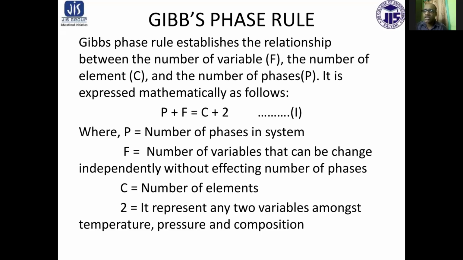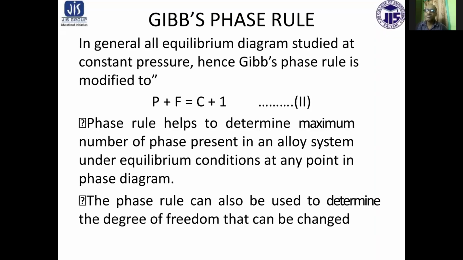At constant pressure conditions, the equation will become P plus F is equal to C plus 1. In general, all equilibrium diagrams are studied at constant pressure. So pressure remains constant, and out of 3 variables, 2 remain.